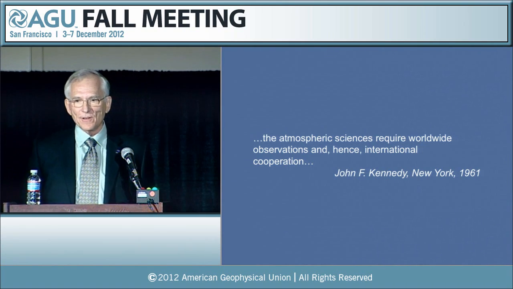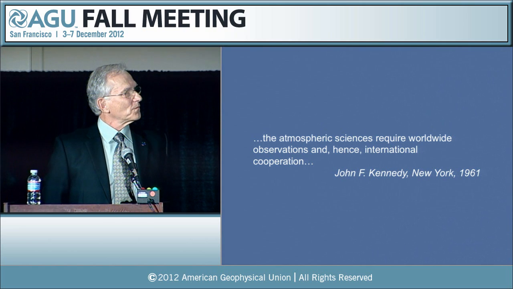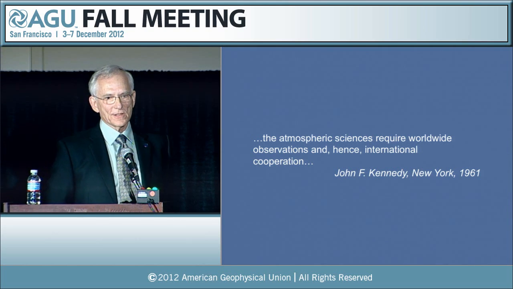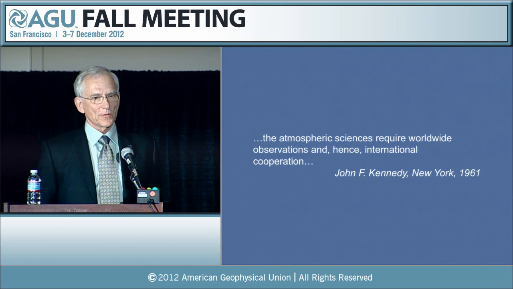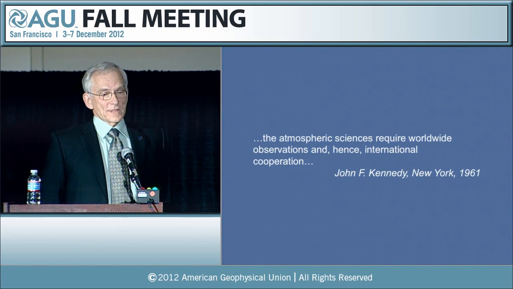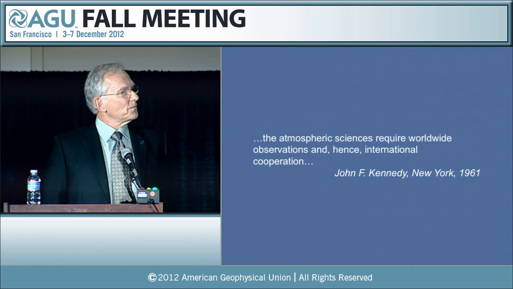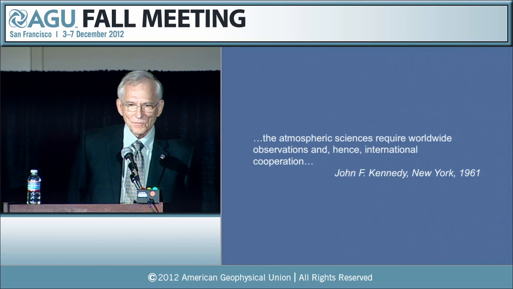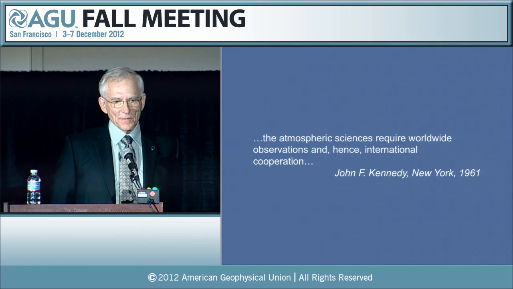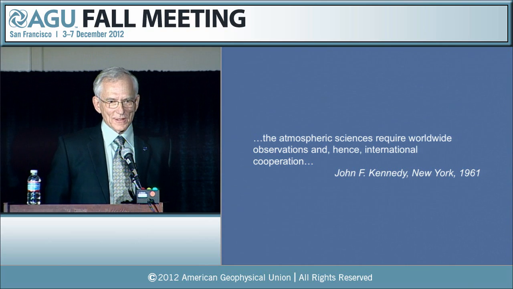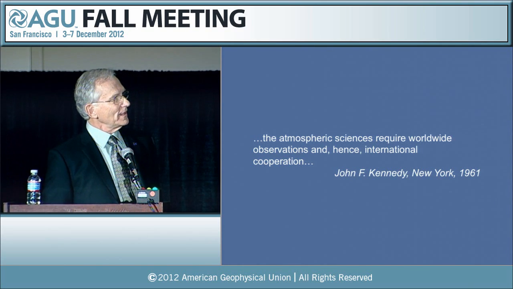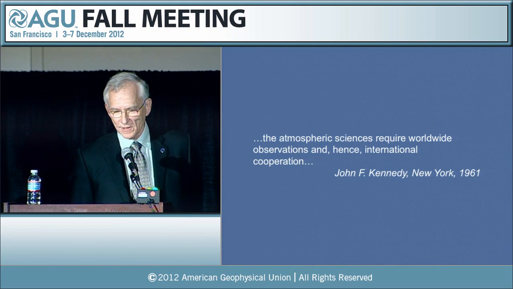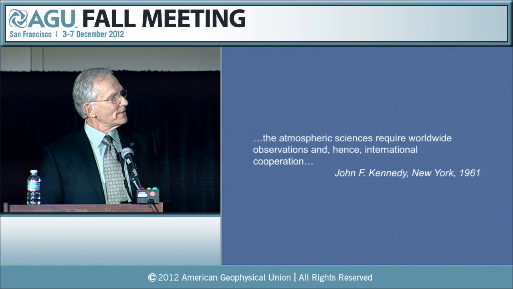There were other things going on around 1960. This was still the era of the Cold War. And President Kennedy and others in high places were looking at ways for countries like the U.S. and USSR to cooperate in some constructive way. I suppose it occurred to them that the weather is of interest to everybody, Russians, Americans, everybody wants to know what the weather's going to be, and to do that requires international cooperation since the weather doesn't respect any national boundaries.